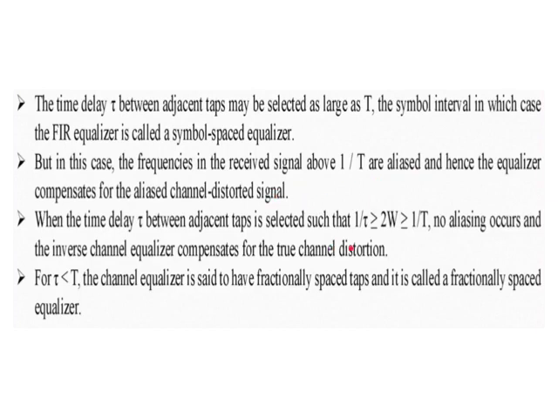In the second case, tau is selected such that 2W is greater than or equal to 1 by tau, which is greater than or equal to 1 by T. In this range the aliasing will not occur, and the equalizer compensates only for the true channel distortion. In the third case, tau is less than T, the symbol interval. The channel equalizer will have fractionally spaced taps, and we call this a fractionally spaced equalizer. This is about the linear equalizer, what it is, and how to design linear equalizers.